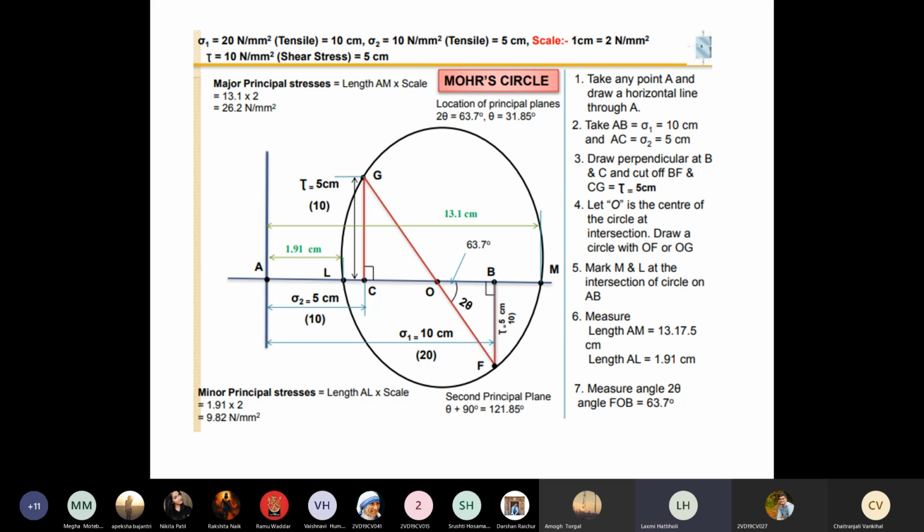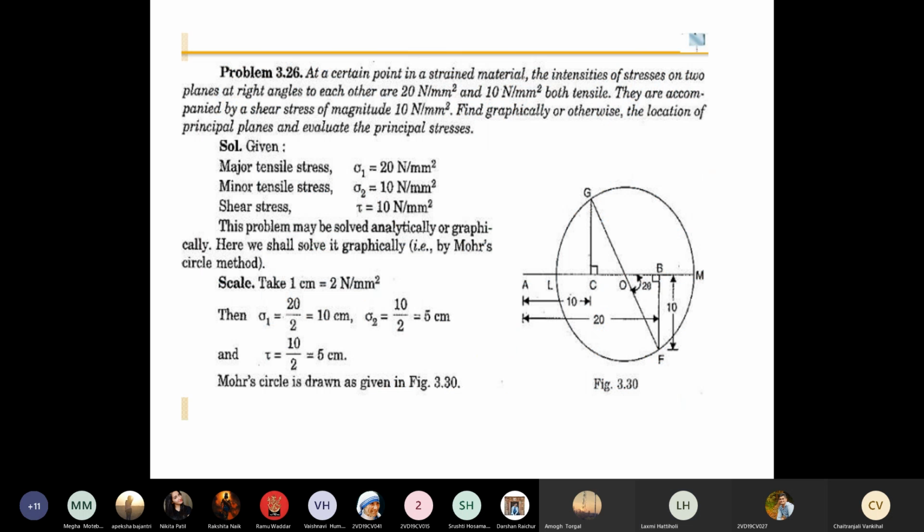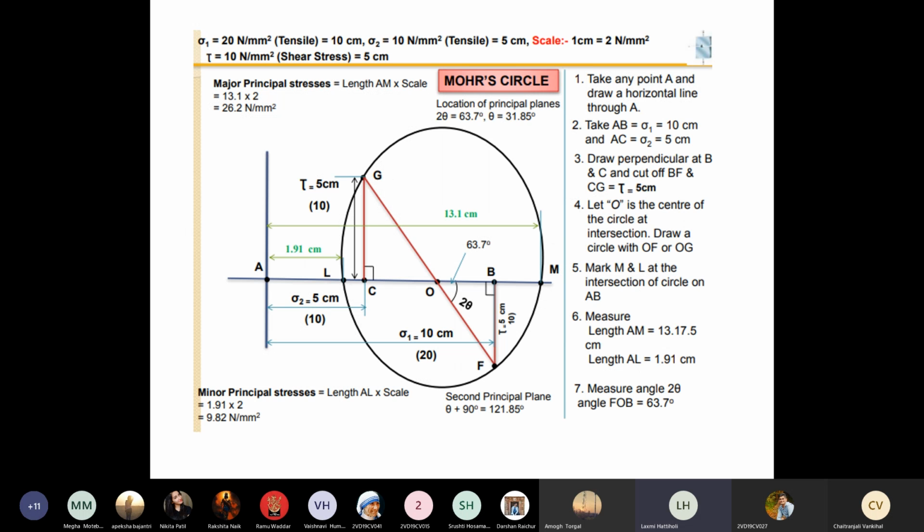Oh sorry, let me cross verify this. Sigma x is 10 centimeters, sigma y is 5 centimeters. So from A to B, take 10 centimeters distance and mark the point B. Similarly, from A to C, mark the point C at 5 centimeters.